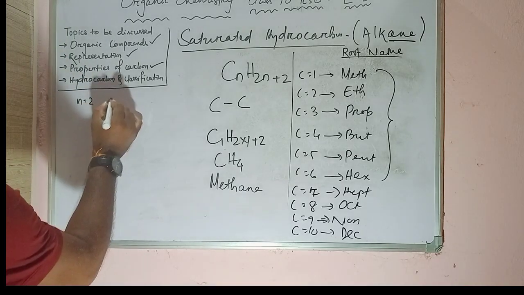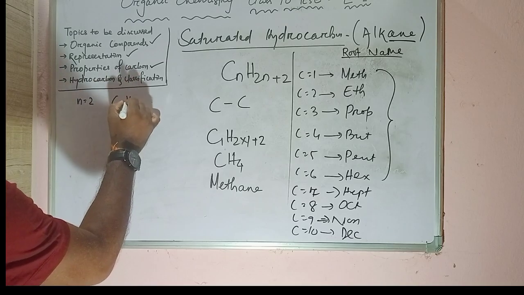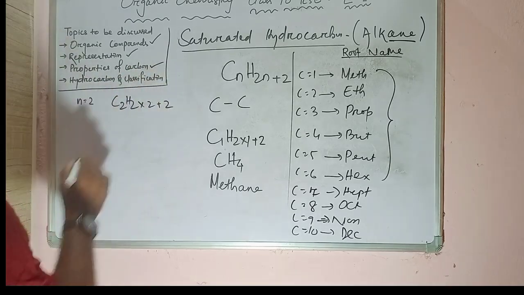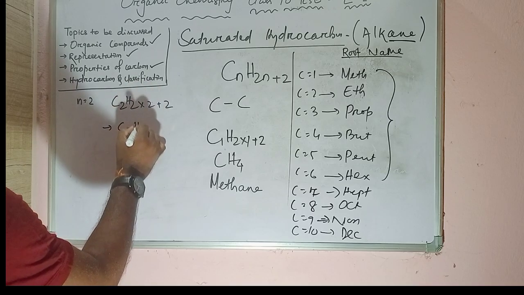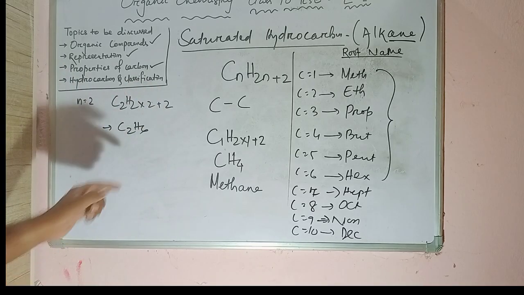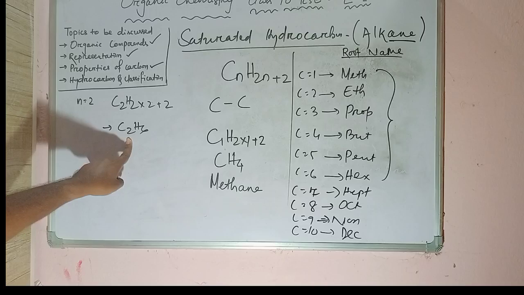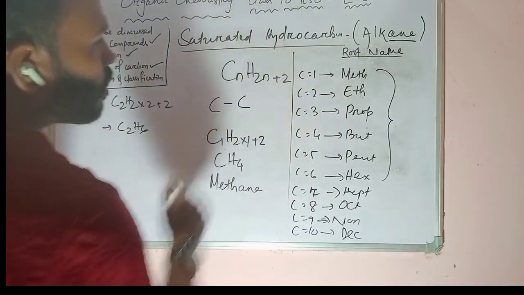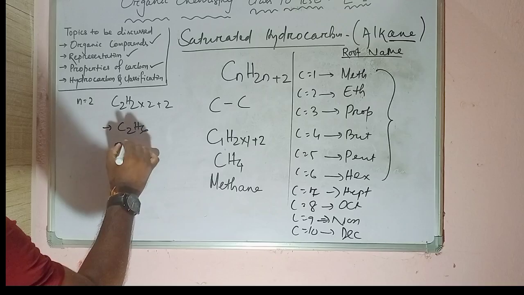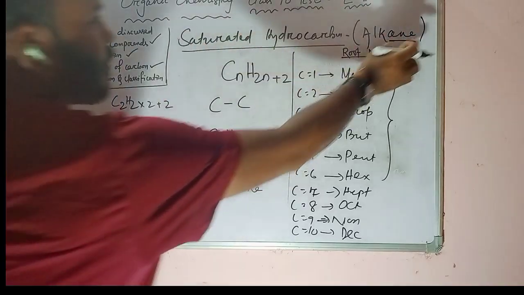So now let's put n equal to 2. If n equals 2, I can write CnH2n+2, that becomes C2H(2×2+2), C2H6. Now you see the number of carbon here is 2. For 2, what is the root name? Eth. So I can write eth. What is the suffix?